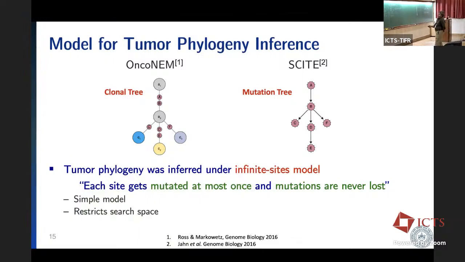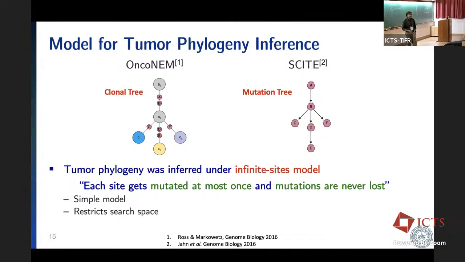So what it is saying is that each mutation site gets mutated at most once, and mutations are never lost. Because we are looking at a much shorter time frame, once the mutation occurs, it is going to persist. It is not going to get reversed or get lost. So this is the infinite sites model.